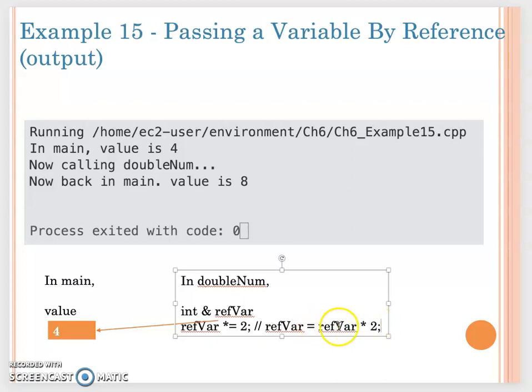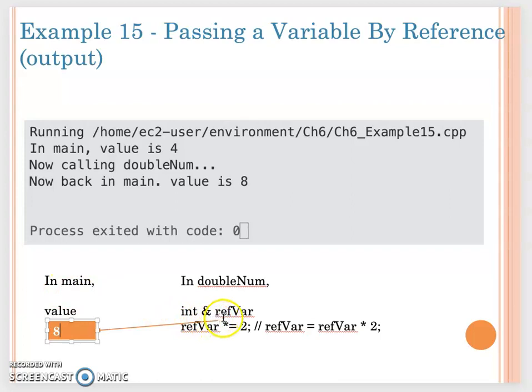But the ref variable refers to this location, so it gets the value 4. Then 4 times 2 equals 8. Then it assigns back. So after we do this, this one will be changed, becoming 8. Then it updates the value location in the main.